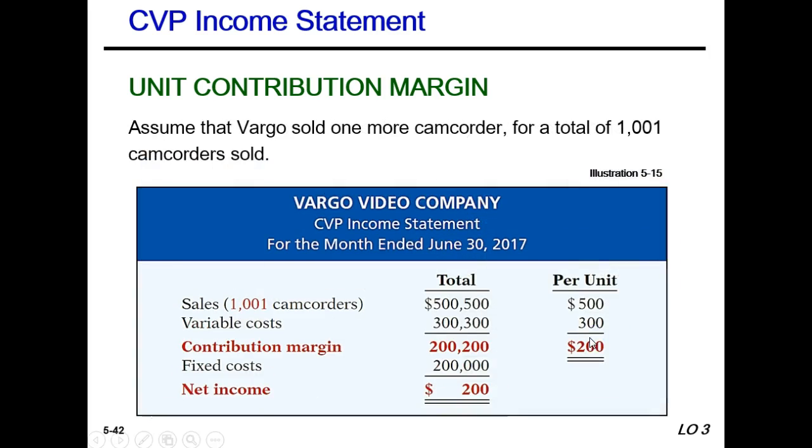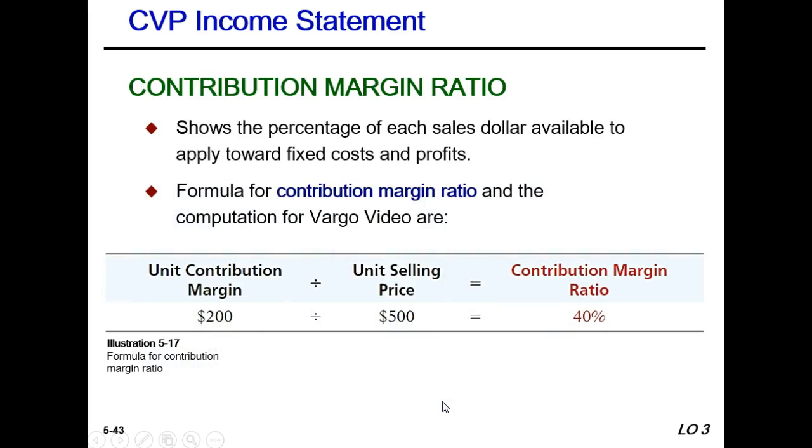But now it asks, what happens if we sell not just 1,000 units, but 1,001 units? Well, then that contribution margin is pure income on that one extra unit. So what we're trying to do is figure out what our sales volume is in order to not only break even, but achieve a certain level of income.